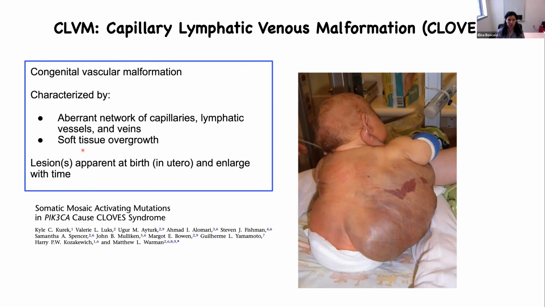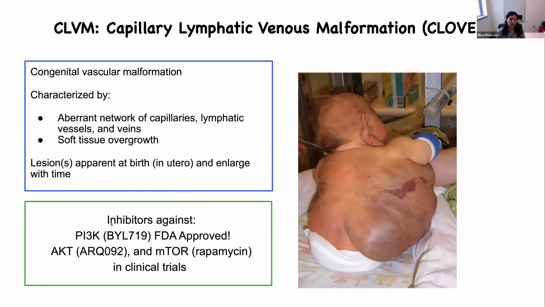And also in many patients, there is soft tissue overgrowth. These lesions are congenital, so they actually start to grow during fetal development, and they enlarge with time. And as Michael mentioned, most of these patients have PIK3CA mutations.